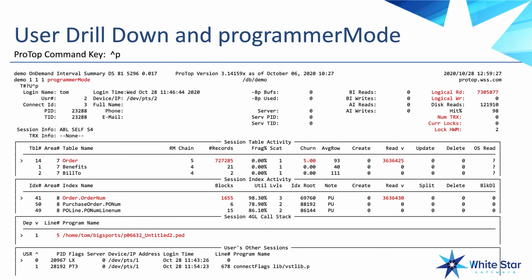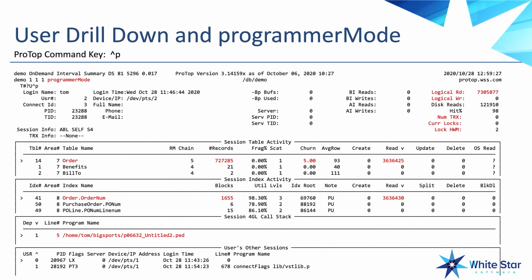You get information about that one user's logical reads and logical writes rather than the aggregate global numbers that you get on the ProTop dashboard screen, and you see anything that's going on with their locking and their transactions and things like that. So this helps you out in cases where it's not obvious what user is responsible for the traffic, but you're pretty sure that a particular user has a problem. It's also very useful in a development environment where you're sharing things between multiple programmers. You can zero in on your session and isolate yourself from everybody else.